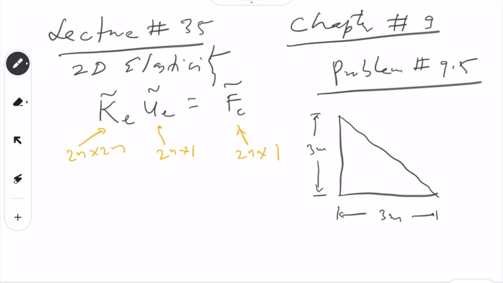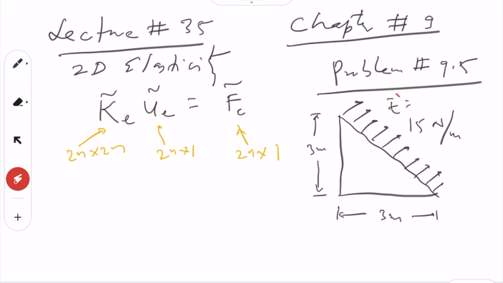There are forces perpendicular to this boundary, which is 15 Newton per meter. This is the T bar that is given. It is not just T bar equal to this one; actually this is T bar in this direction.